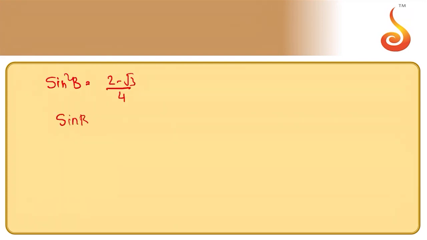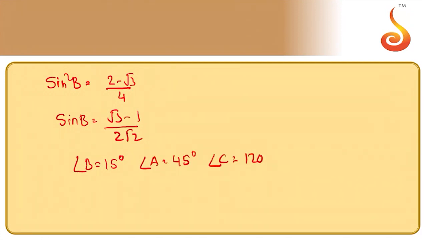So sin B will give you root 3 minus 1 by 2 root 2, simply taking the square root of it. Once we got sin B, angle B is equal to 15 degrees. Angle A equal to 45 degrees. Automatically, angle C will become 120 degrees. This was example 5.